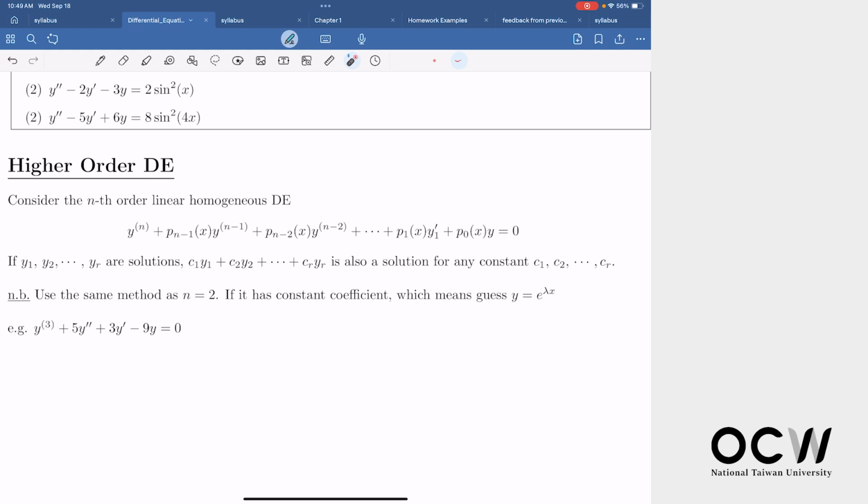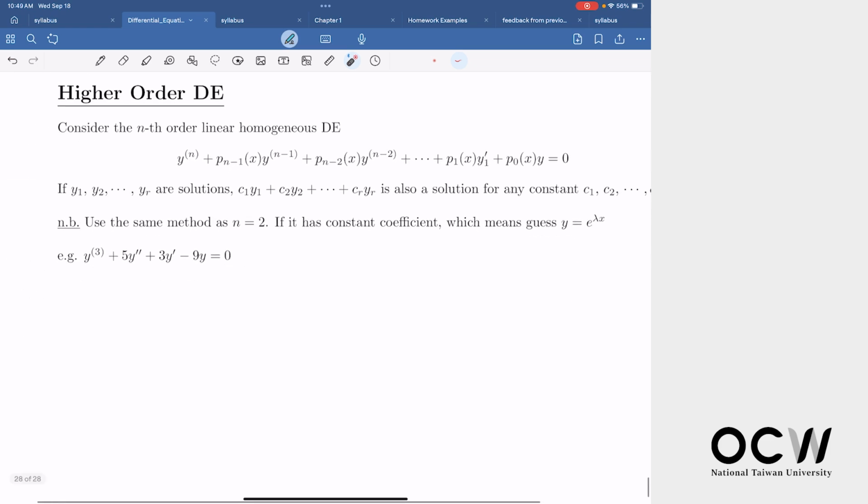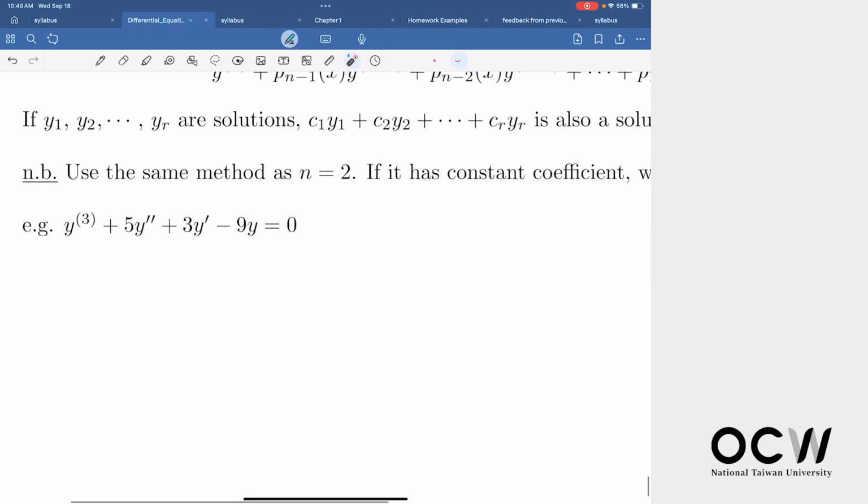Well, then we can use the same method as we learned. If we have constant coefficients, then we can also guess that our solution is e to the lambda x. For example, if we have a third order differential equation with constant coefficients, then we consider the solution to be exponential as well.